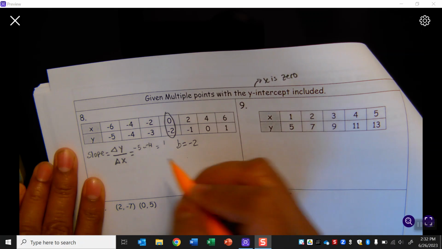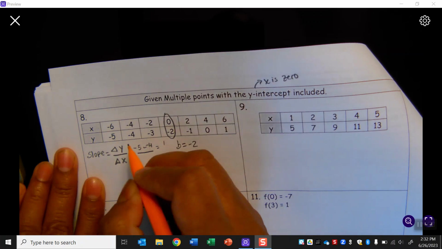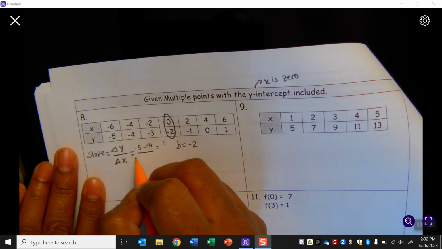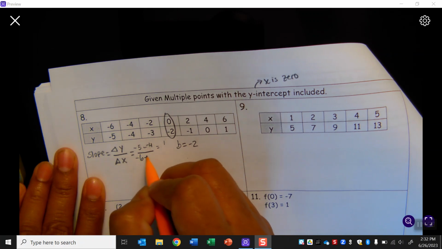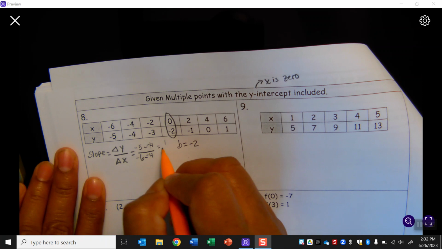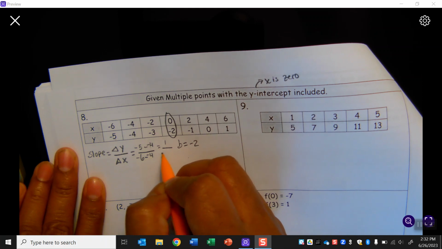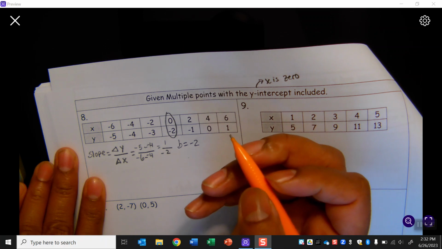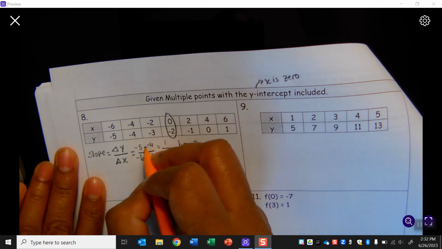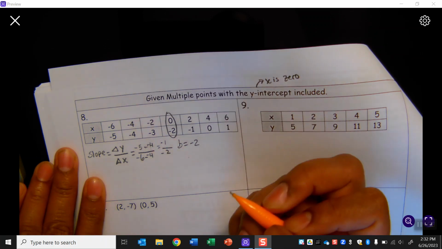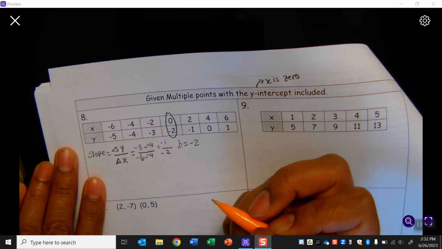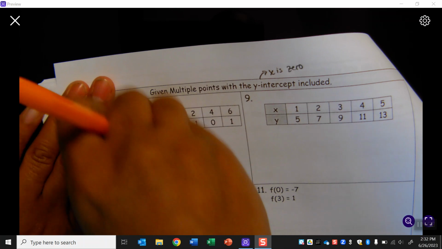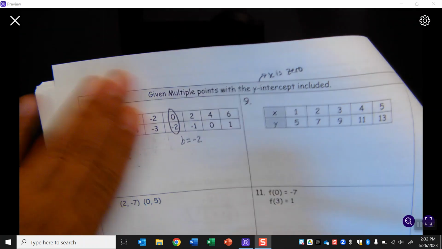So 1 over change in x. So it went up 1 as well, actually up 2. That's actually going to be -1. It went down 1. So, here, let me start over with this. I think I messed up too many times. It's best to just start over.